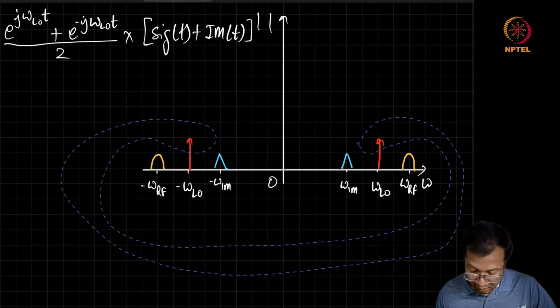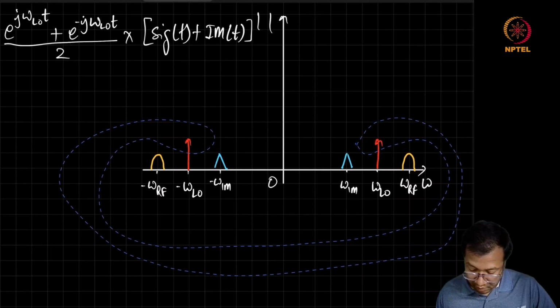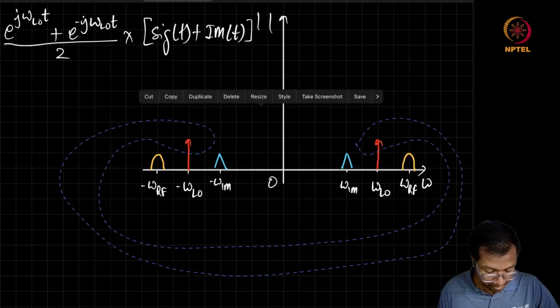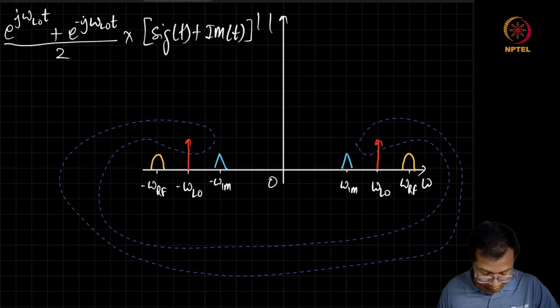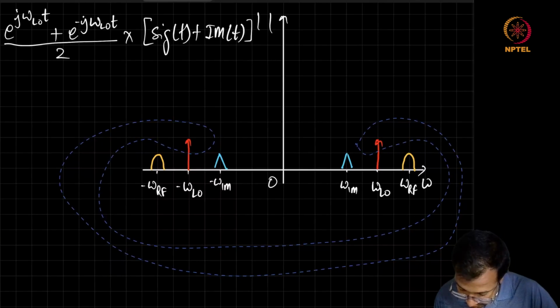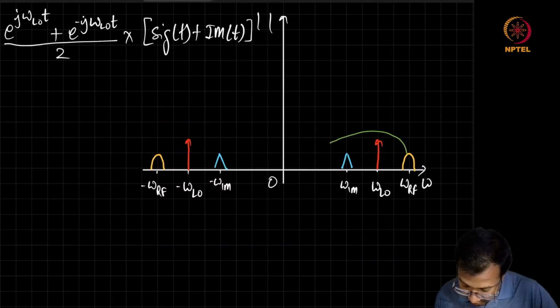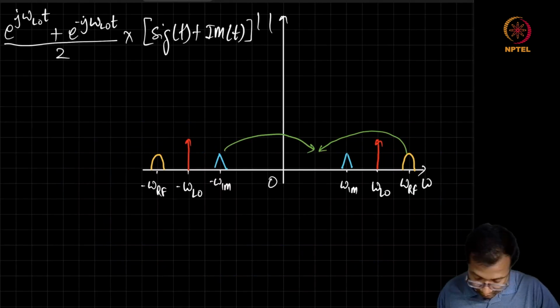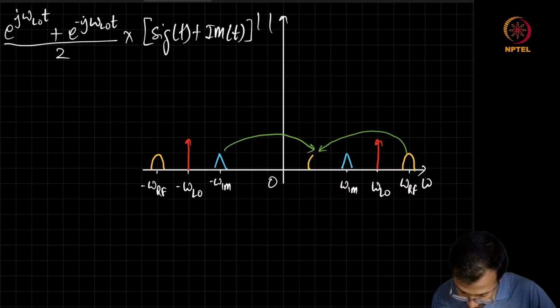So we'll just draw the resulting spectrum. As we just saw, if we are moving towards the positive frequency, these two signals are going to first get down converted.